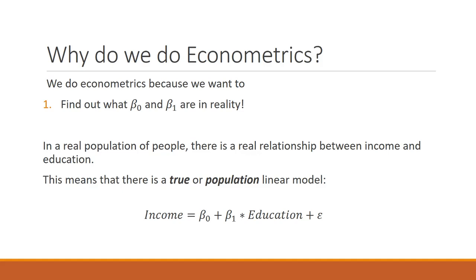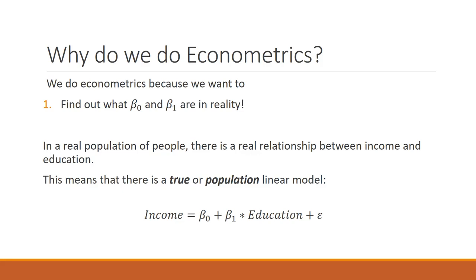There is some true beta 1, some true slope, that will describe how much income goes up when you increase your education. So this means that there exists some true population linear model, where income equals beta naught plus beta 1 times education plus some error term.